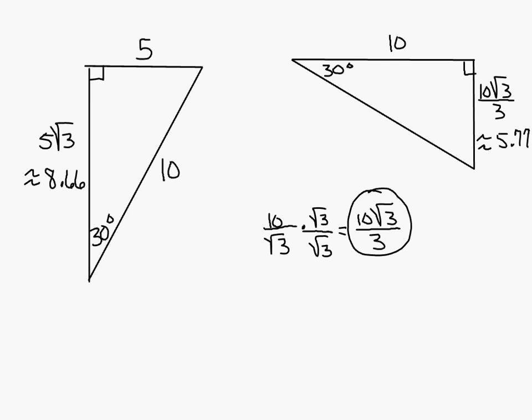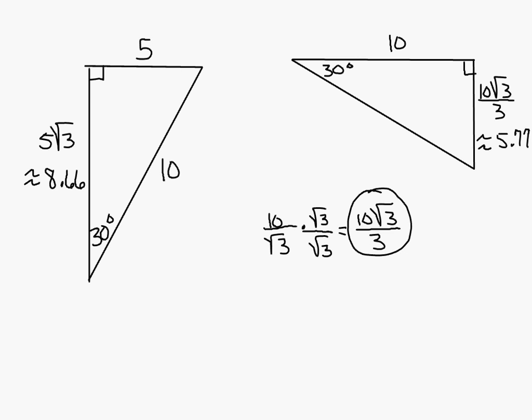Now, that's your short leg. There it is in simplest radical form. There it is in decimal form. Now, in simplest radical form, the short leg times 2 is the hypotenuse, right?